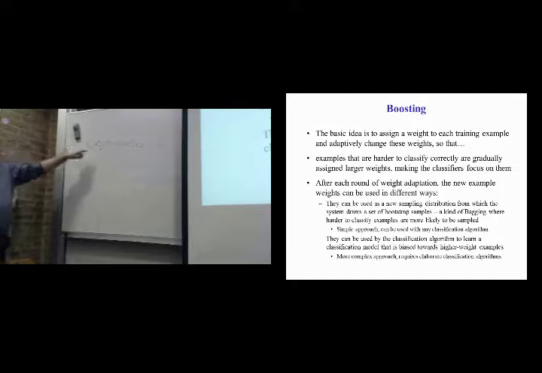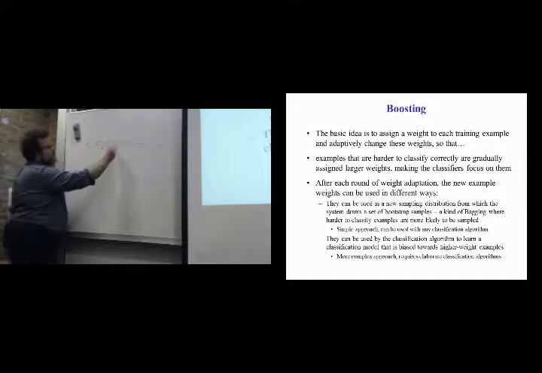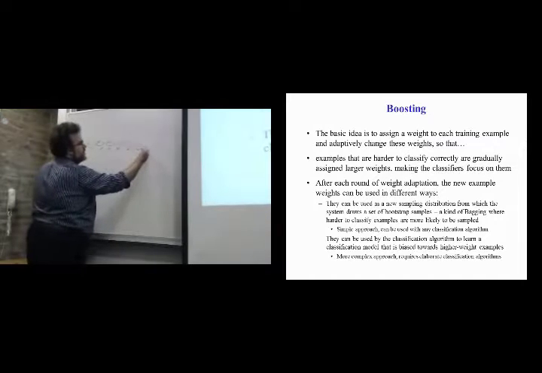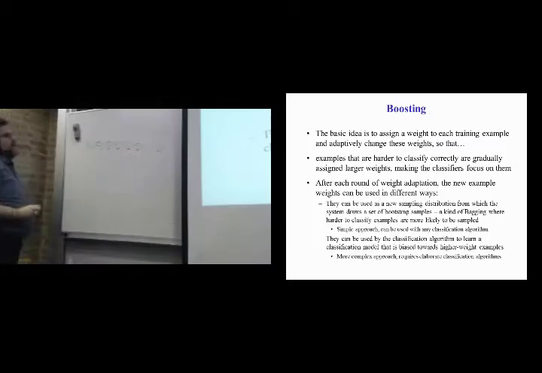We run the classifier, we train the classifier, and it was right on that one, right on that one, wrong on that one, right on that one, wrong on that one, and so on. Now, with the original ensemble methods, we just train again on the same data set. But perhaps we don't care so much about these anymore, yeah?